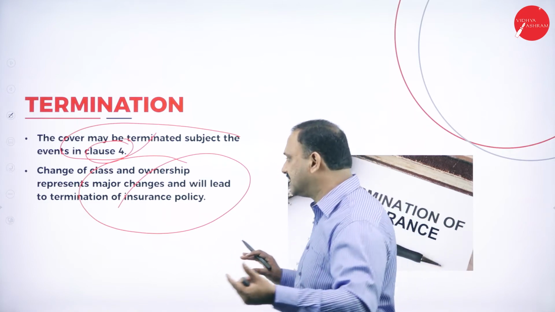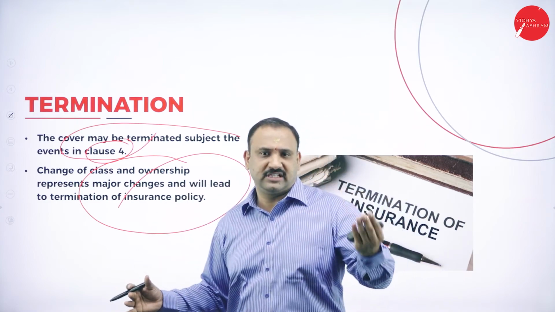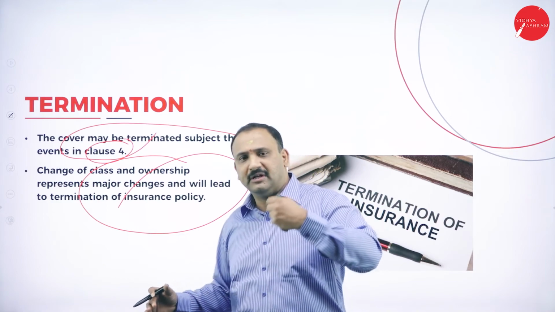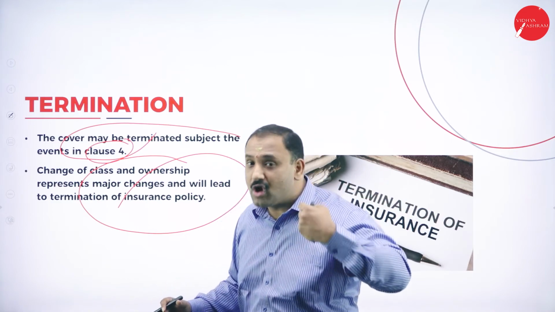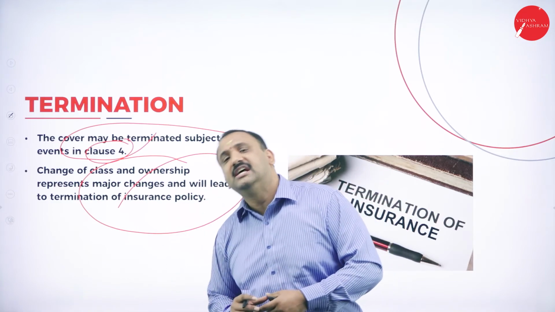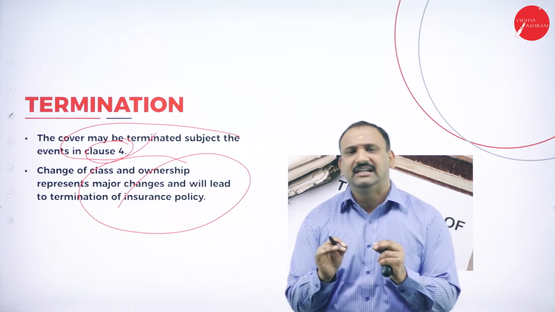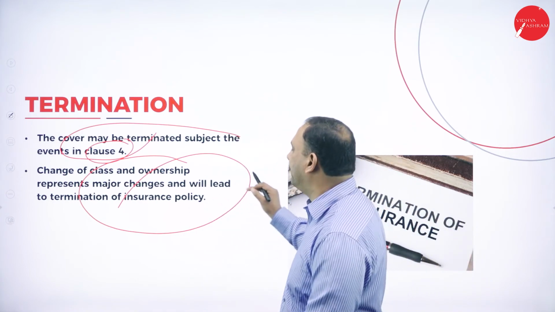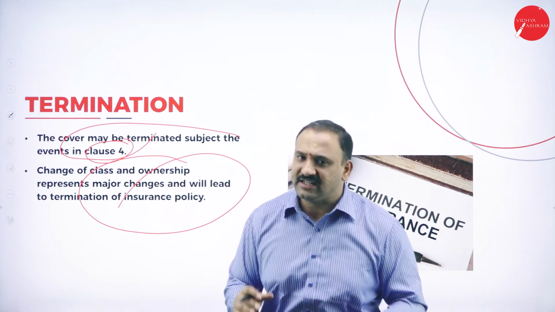They don't want to take up the risk, so they will say that there is a change factor, and we will lead to termination because you have not followed the rules and regulations that have been told. So definitely this would lead to a complete termination in case of a violation of the policy.